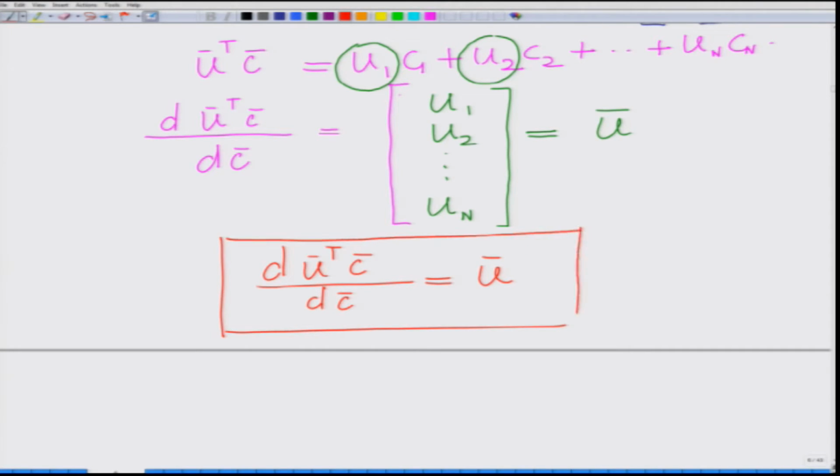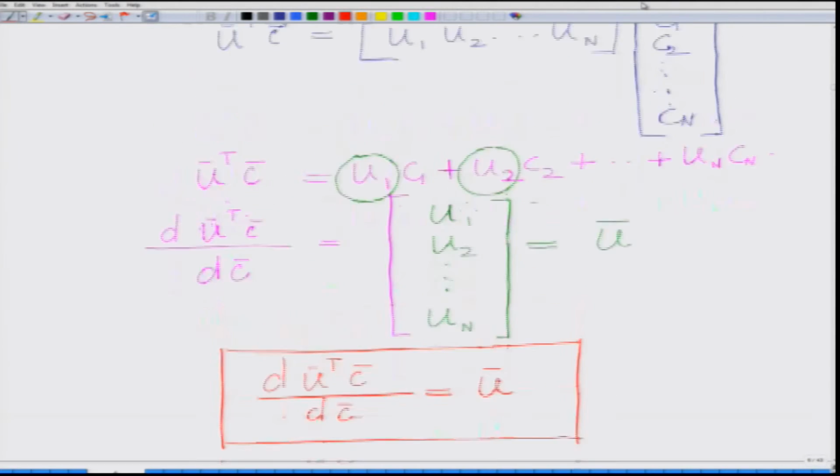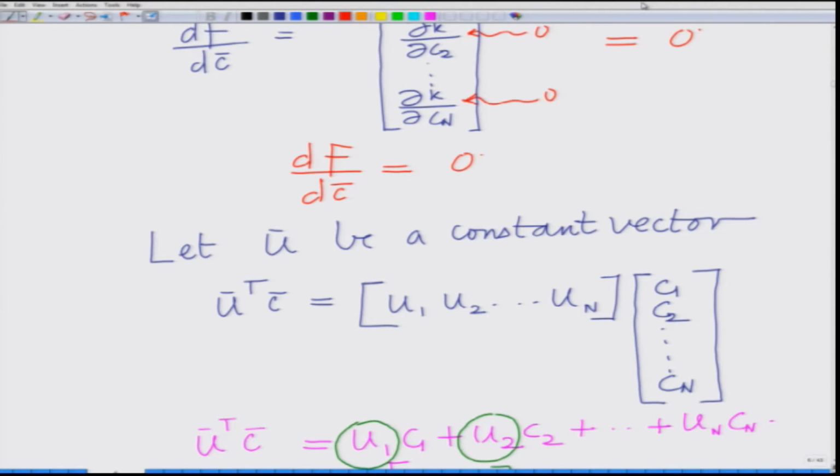Okay. The previous result we have is for the constant, that is, when f of C bar is a constant, the derivative with respect to C bar is equal to 0.